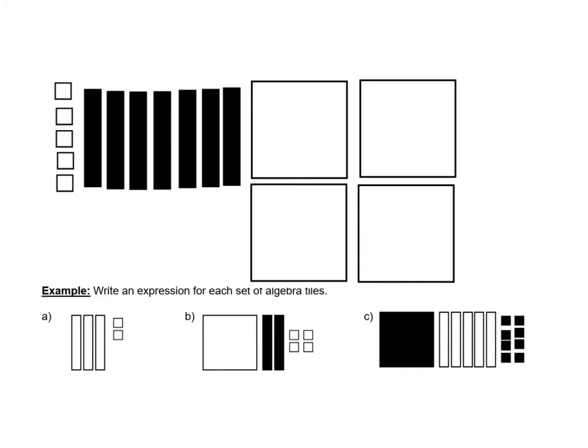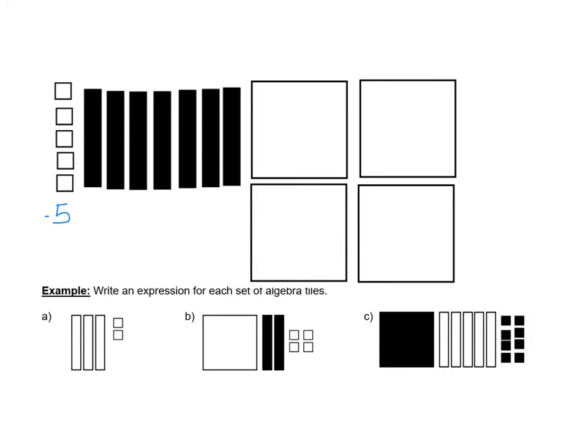In this example, we can see here that we have 5 unit tiles, and they are negative, 5 negative unit tiles. So we can write that in as negative 5. We have here, let's count them, 1, 2, 3, 4, 5, 6, 7 x tiles.